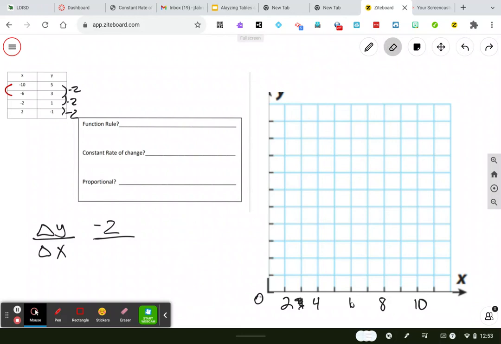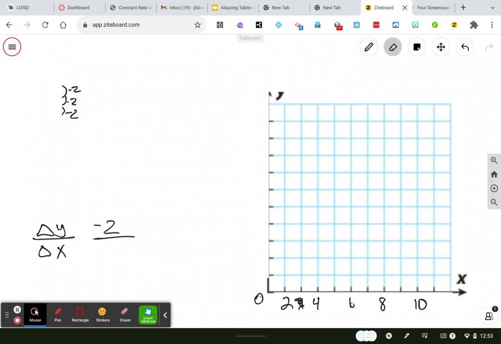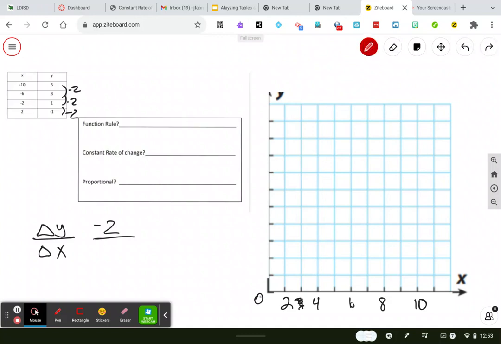Negative 10 to get to negative 6, I'm adding 4. Oh my god. I'm so sorry, guys. You're adding 4. Negative 6 to negative 2, you're adding 4.